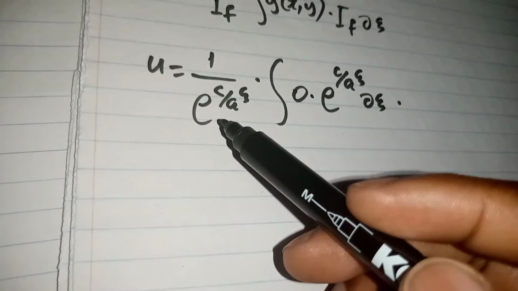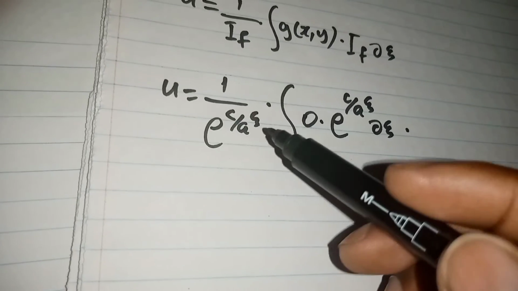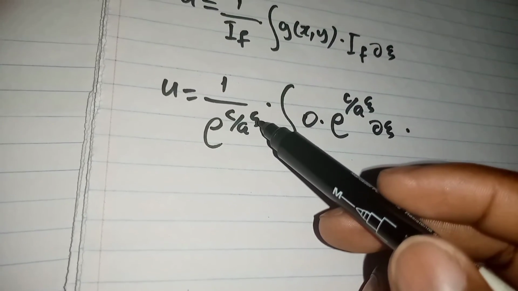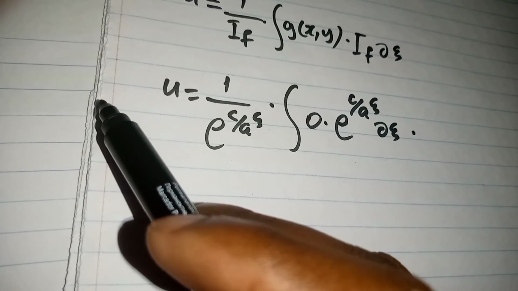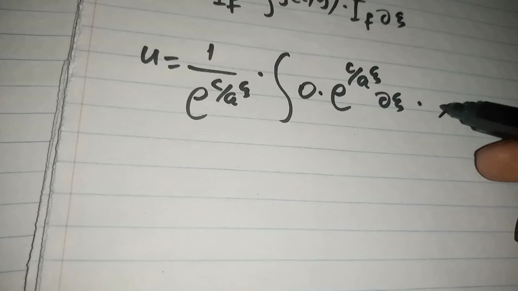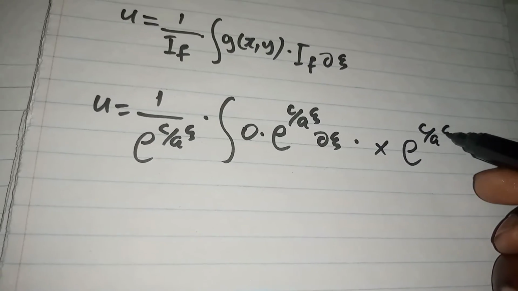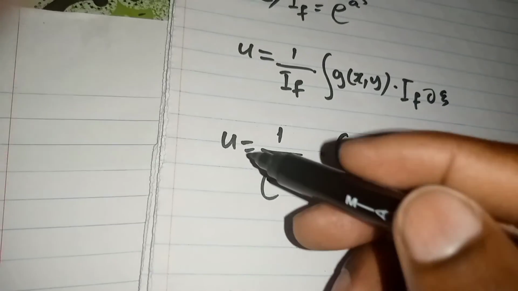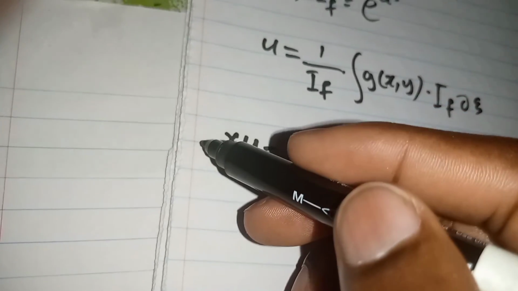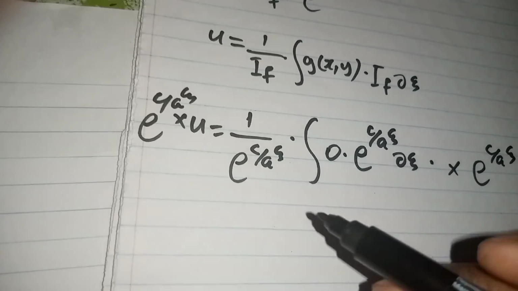Now in this case, we can multiply both sides by exponential c over a xi, so that this one is cancelled.